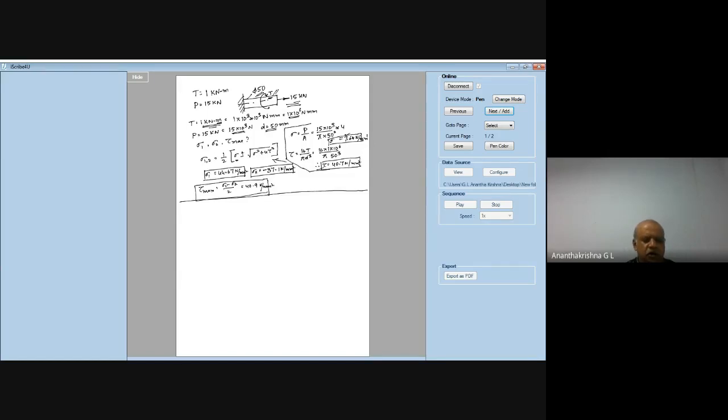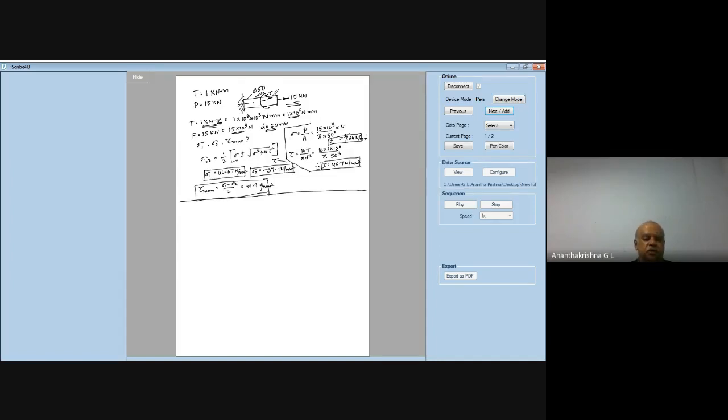A circular rod of diameter 50 mm is subjected to loads as shown in figure.